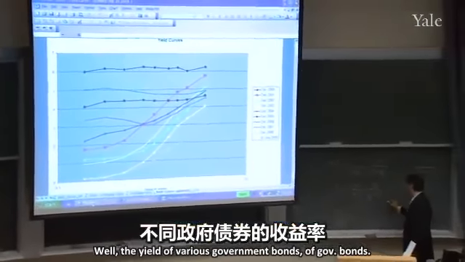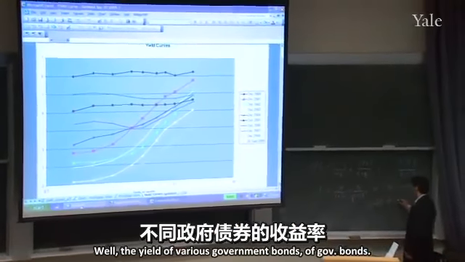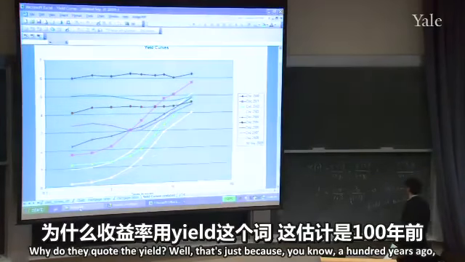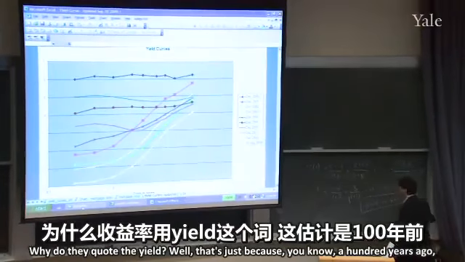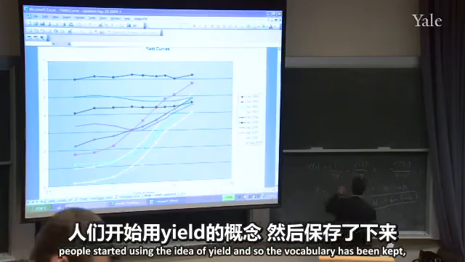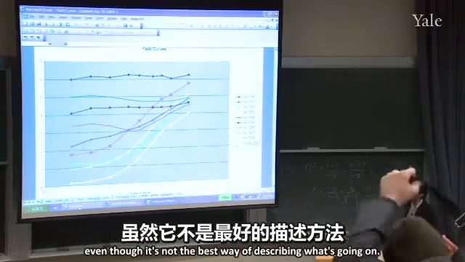Well, the yield of various government bonds. Why do they quote the yield? Well, that's just because, 100 years ago, people started using the idea of yield, and so the vocabulary has been kept, even though it's not the best way of describing what's going on.